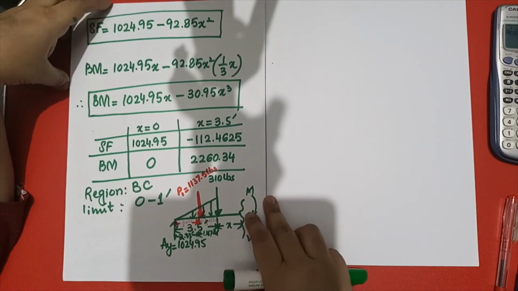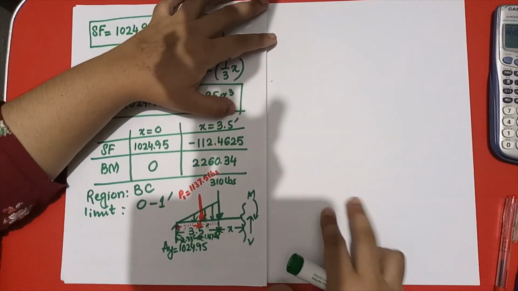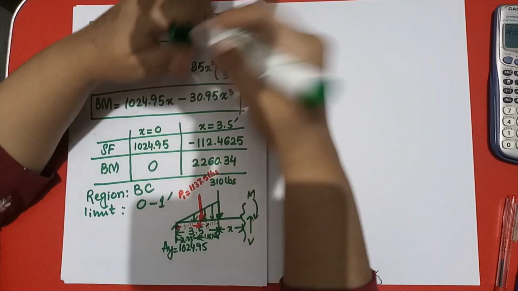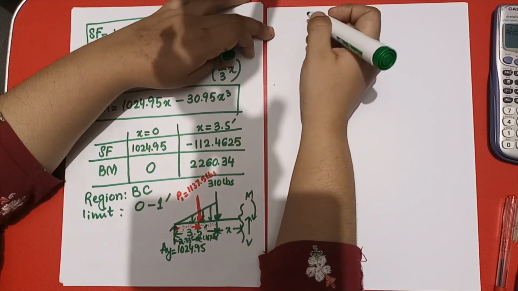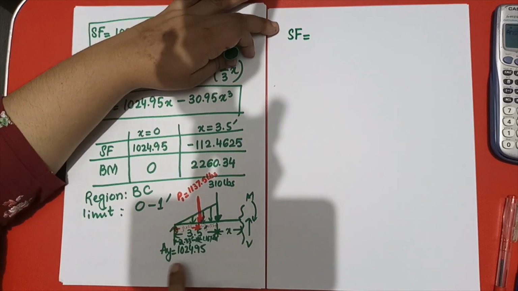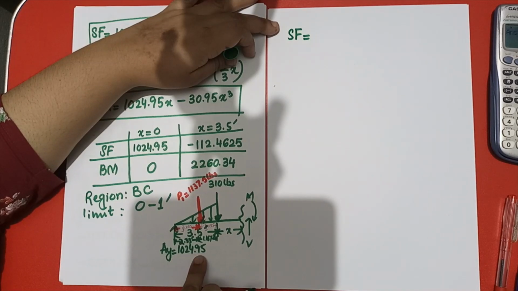How can we make the equation? The shear force equation will be, look here, 1024.95 multiplied by 3.5 plus X for the bending moment, but not for the shear force.